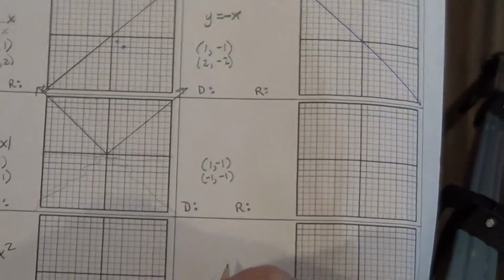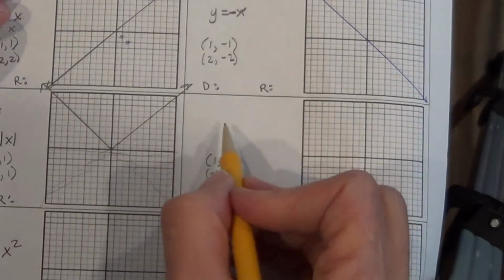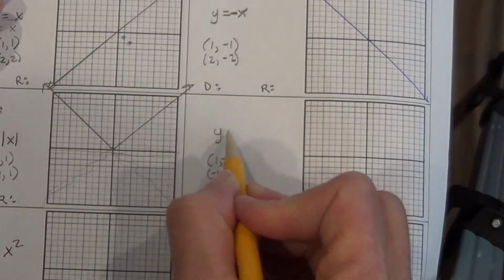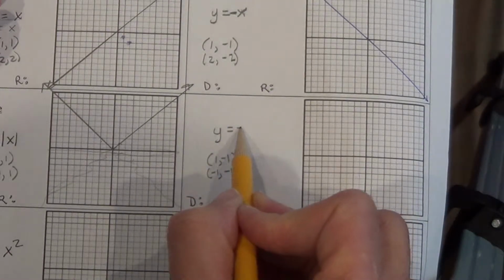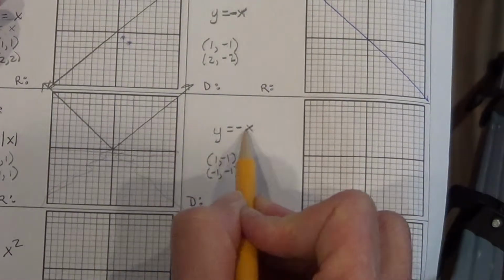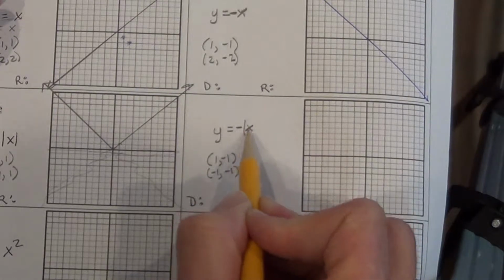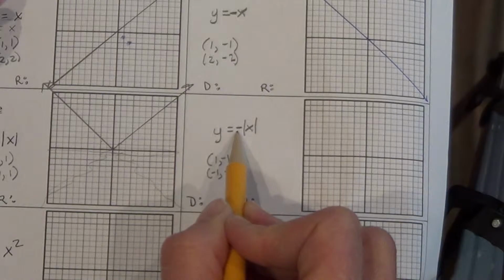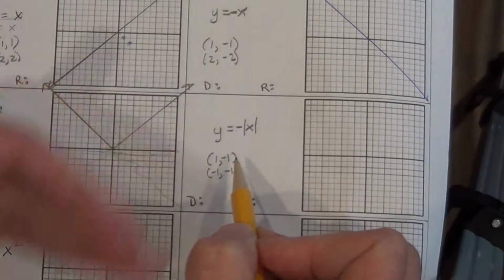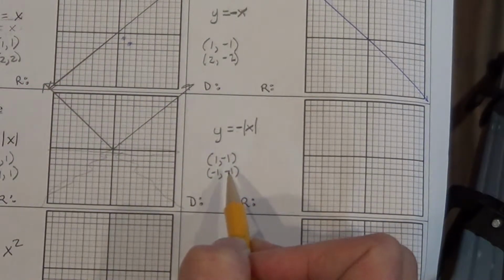We say, well, how do we do that? Well, all that we're doing is we're taking our y output and we're wanting it to be negative. So we put the negative in front of the absolute value of x to show, hey, we will take the absolute value of x, but then we're going to just make it negative to get that reflection across the axis.